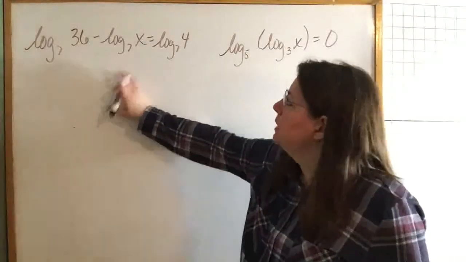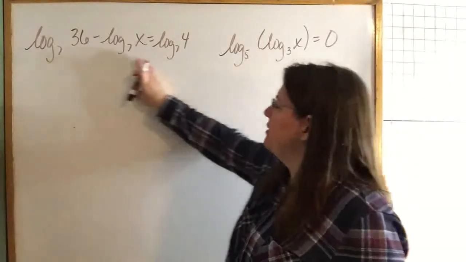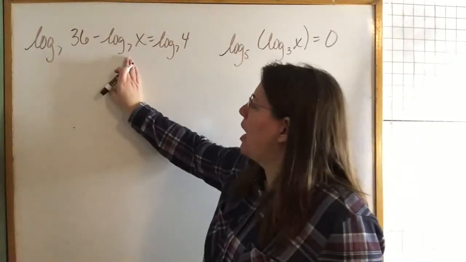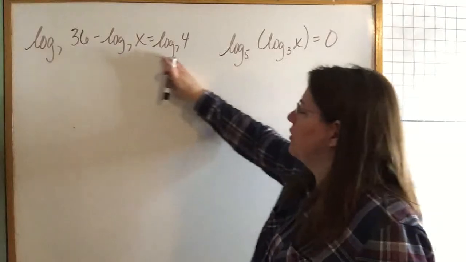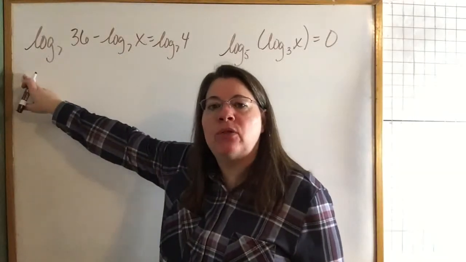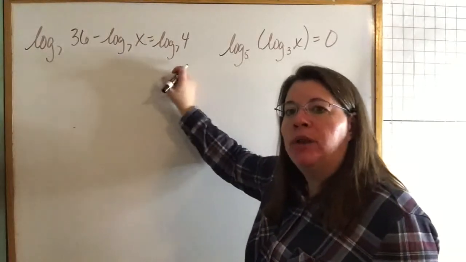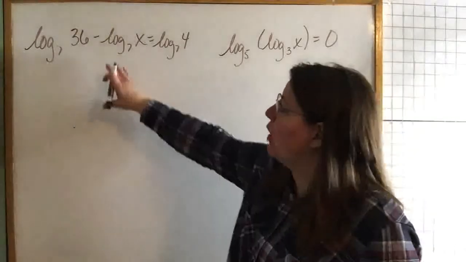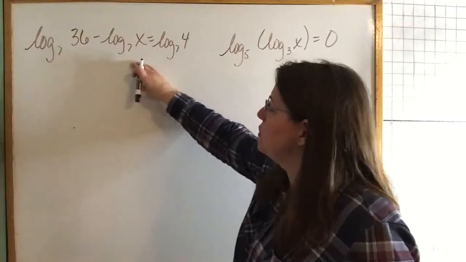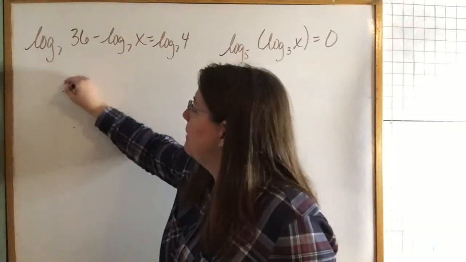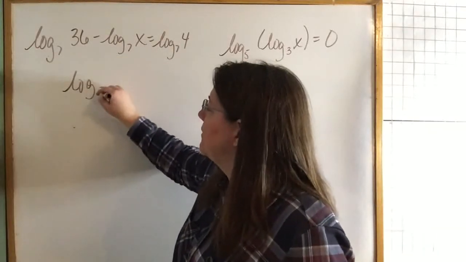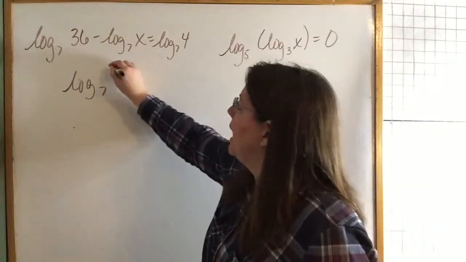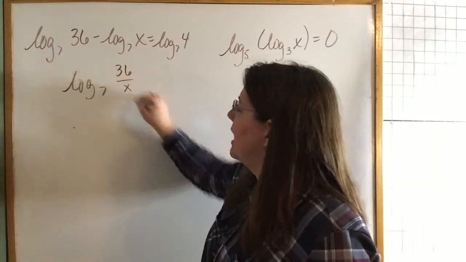In this one, notice we have logs on both sides, but here we have a problem because we have too many logs. We have to condense it so that we only have one log on the left and one log on the right so that the logs will drop out. So I'm going to have to use my properties to combine these two things together. If I do that, I'm going to have log base 7 of 36 over x, using those properties from the last lesson.